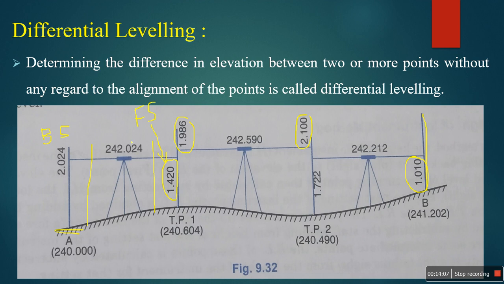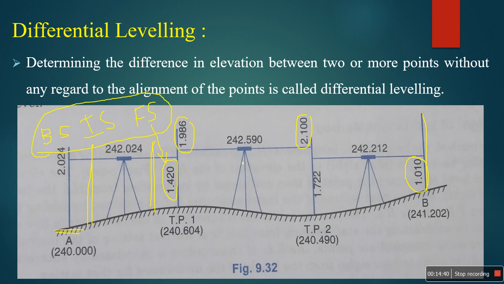In between the BS and FS, if you have taken some more staff readings, these will act as IS, that is intermediate sight. If you understand these things, BS, IS and FS, this will help in solving the problem, because they do not give any diagram with respect to staff readings like this.